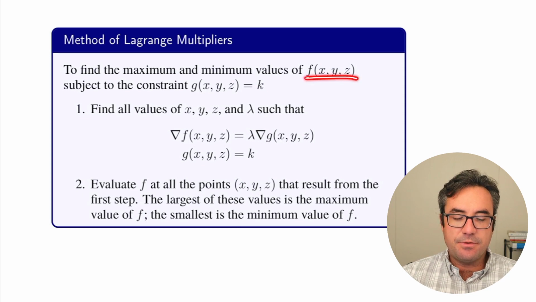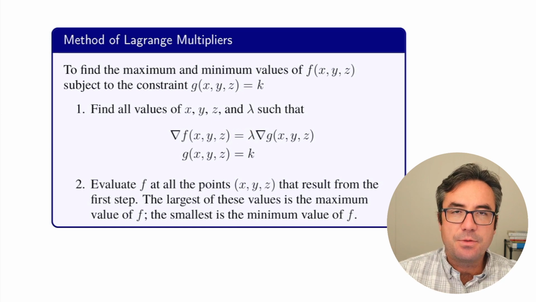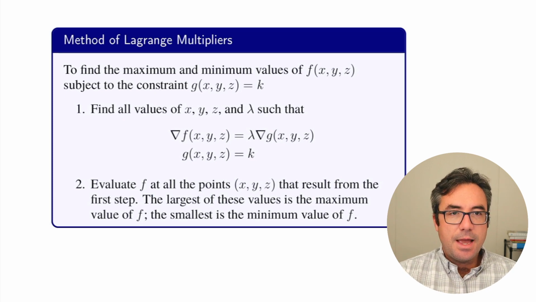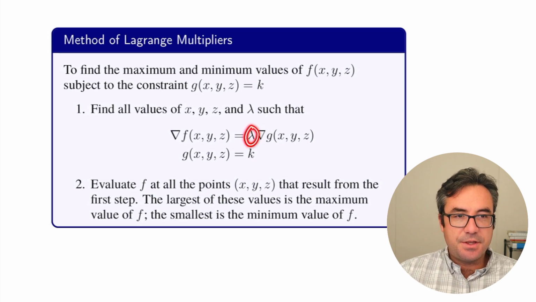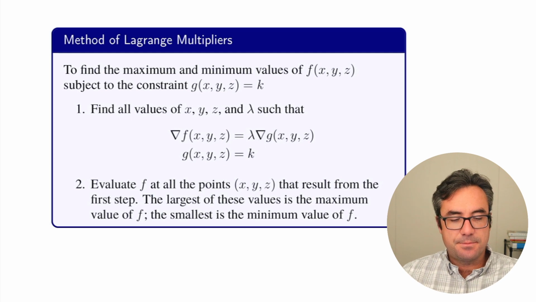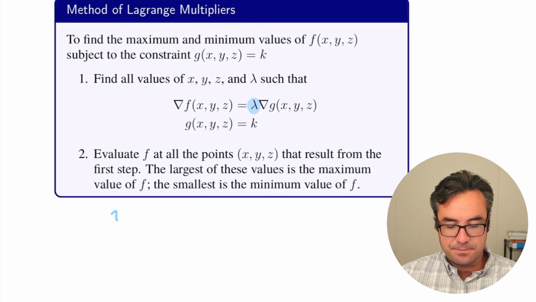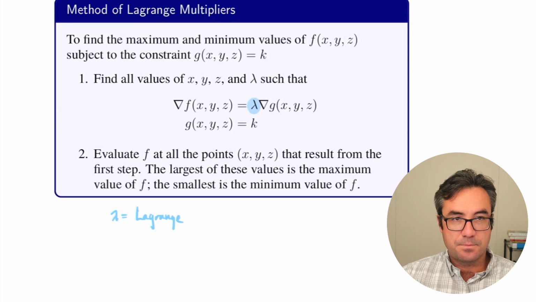We're basically setting these two gradients equal to each other up to a constant. Lambda is a constant, and we're going to call it the Lagrange multiplier.